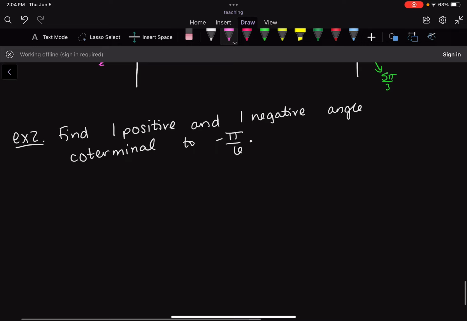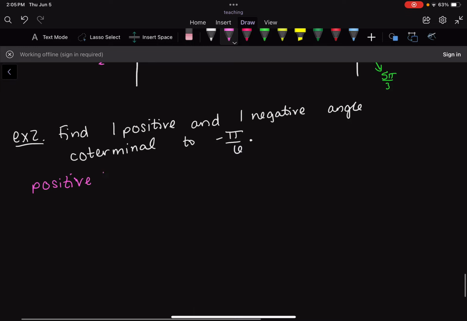So for this one, I'm looking for one positive, one negative coterminal angles. So for my positive one, I'm going to want to add something to it.